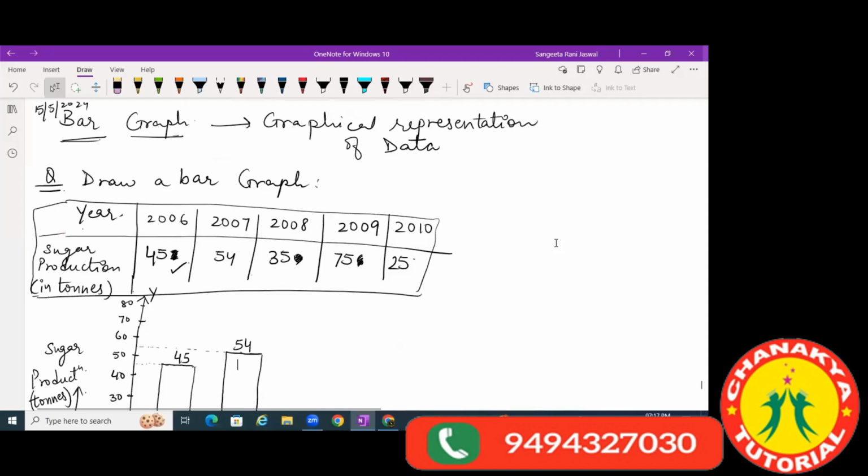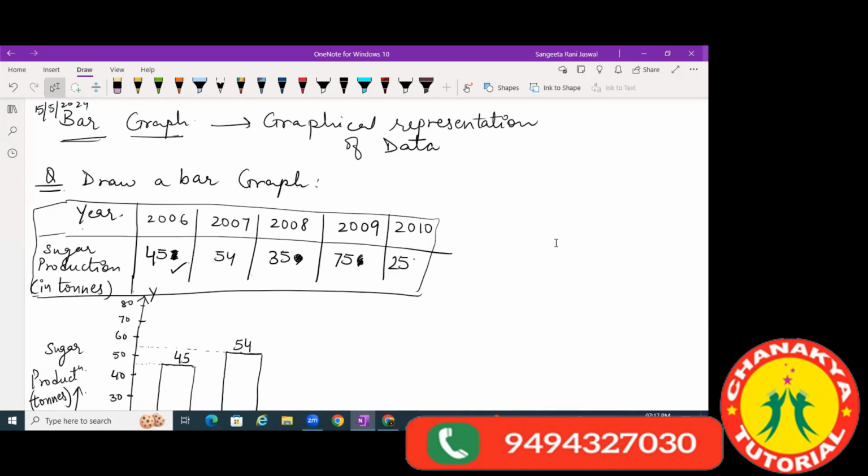Siddhant, are you understanding? Adrit, what about you? Adrit, you can check your time. Whenever you want to leave, you can leave. Rayansh, Afan, are you able to understand how we are making the bars? Please keep your videos also on.